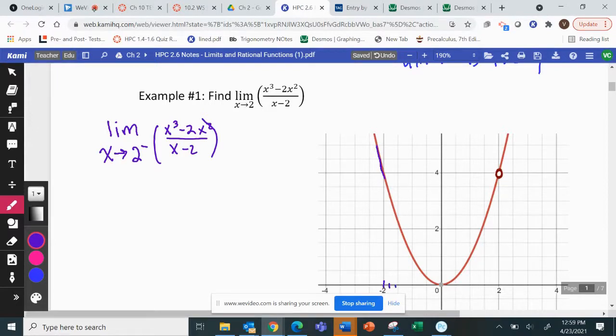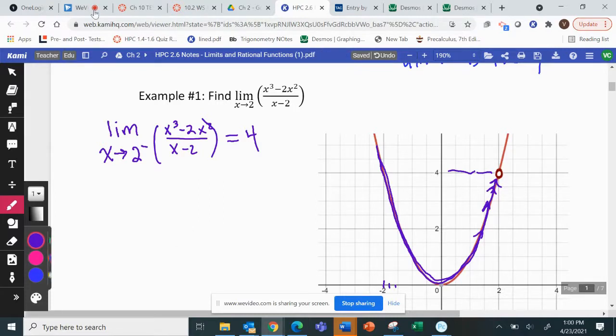Like x is -2, x is -1, x is 0, x is 1, x is... It's not going to ever equal 2 because there's a hole in the graph. But as I am coming from the left, and x is getting closer and closer to the number 2, what is y getting closer to? 4. That is the limit as x approaches 2 from the left.